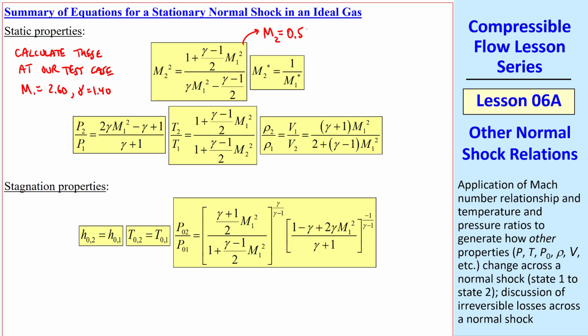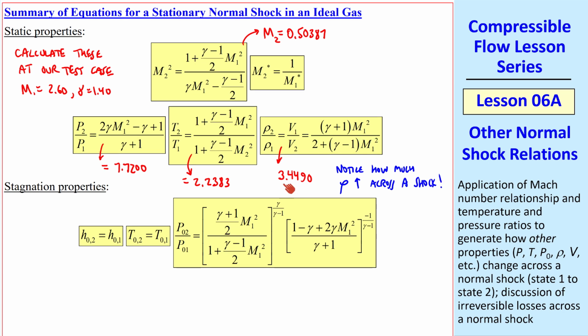Plugging into these equations, we get M2 is 0.50387, p2 over p1 is 7.7200, T2 over T1 is 2.2383, rho 2 over rho 1, or V1 over V2, turns out to be 3.4490, and I'll comment, notice how much rho increases across a shock, almost a factor of 3.5 at our test case Mach number. And finally, the stagnation pressure ratio, as I've already mentioned, is 0.46012.